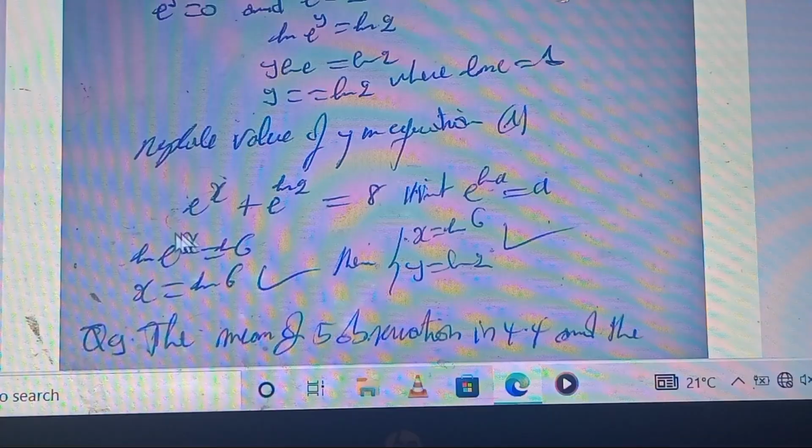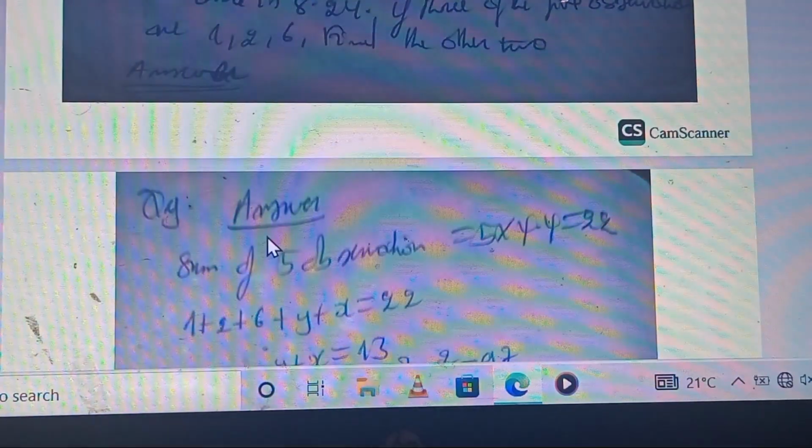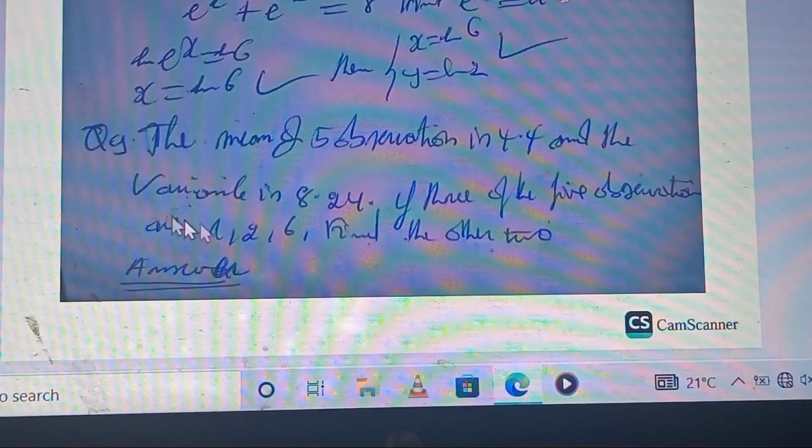That is the reason. I put ln e power x equal to ln of 6, because you get 8 minus 2, which is 6. Then x is equal to ln of 6. Meaning the correct answer is x equal to ln of 6, then y equal to ln of 2.